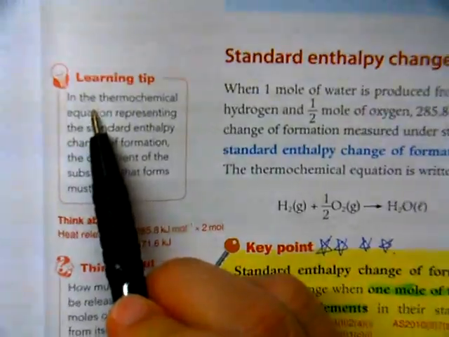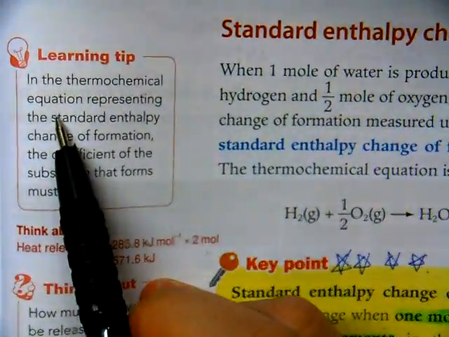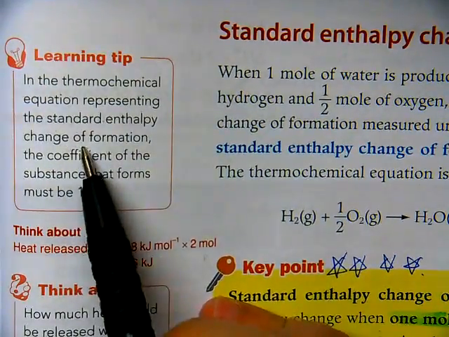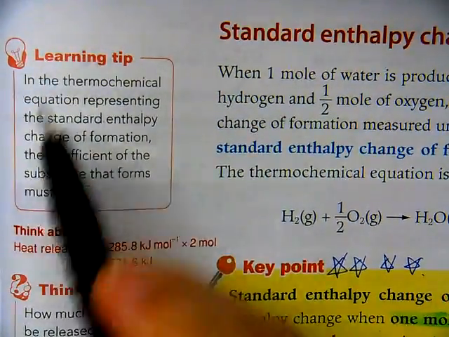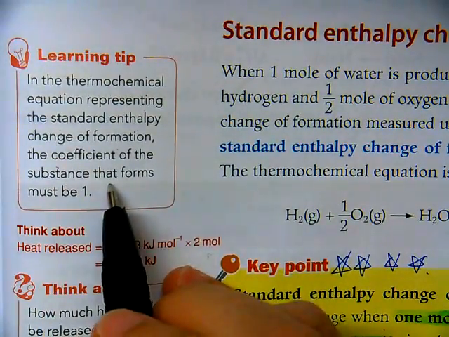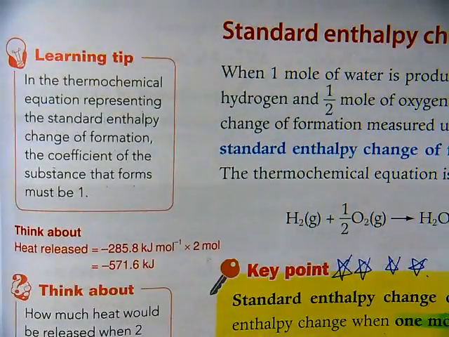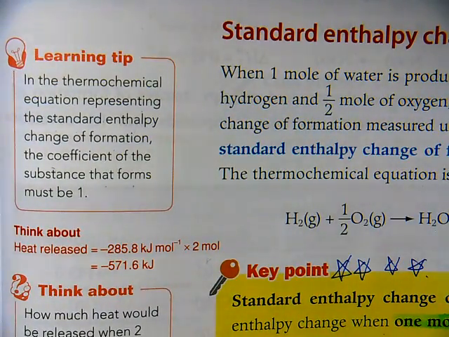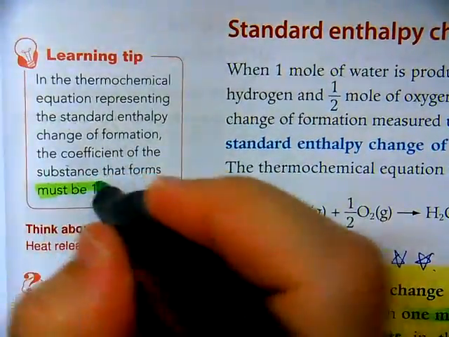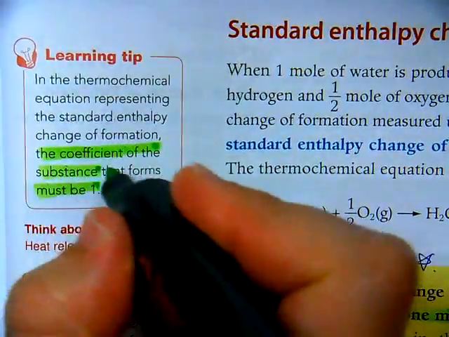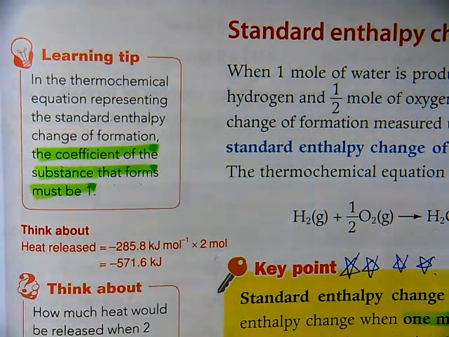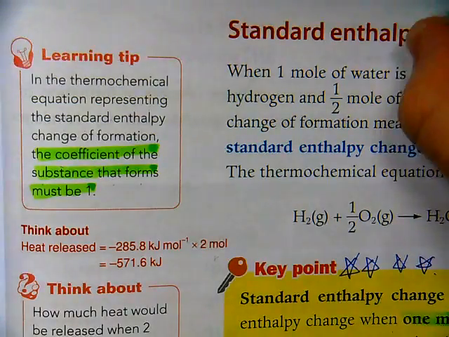In the thermochemical equation representing the standard enthalpy change of formation, the coefficient of the substance that forms must be 1. Underline. Must be 1. Coefficient of the substance that forms must be 1. Do you know why? It is because of the definition. Understand?